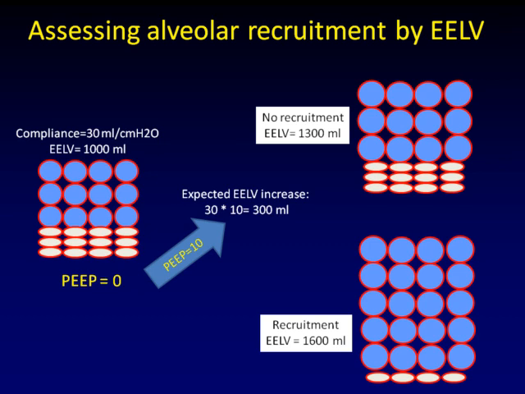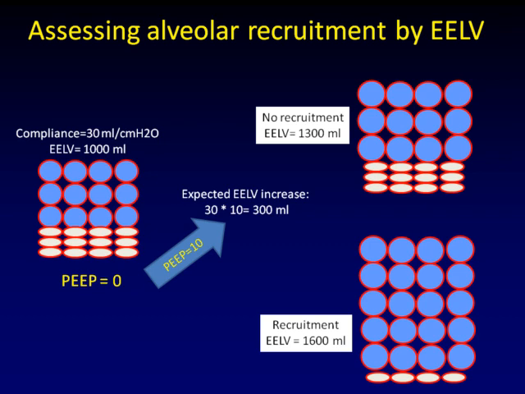So 50% of the lung here is derecruited, 50% is open. Now I put PEEP to 10. If compliance is 30, I should expect an increase in end expiratory lung volume of 300 milliliters. And the end expiratory lung volume will go up to 1.3 liters.